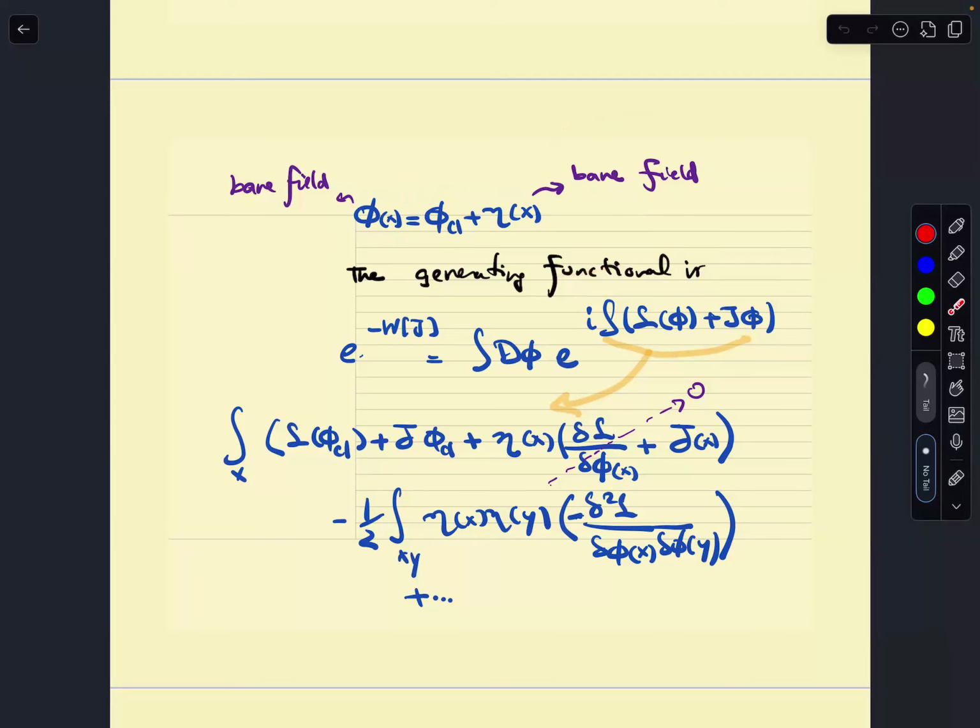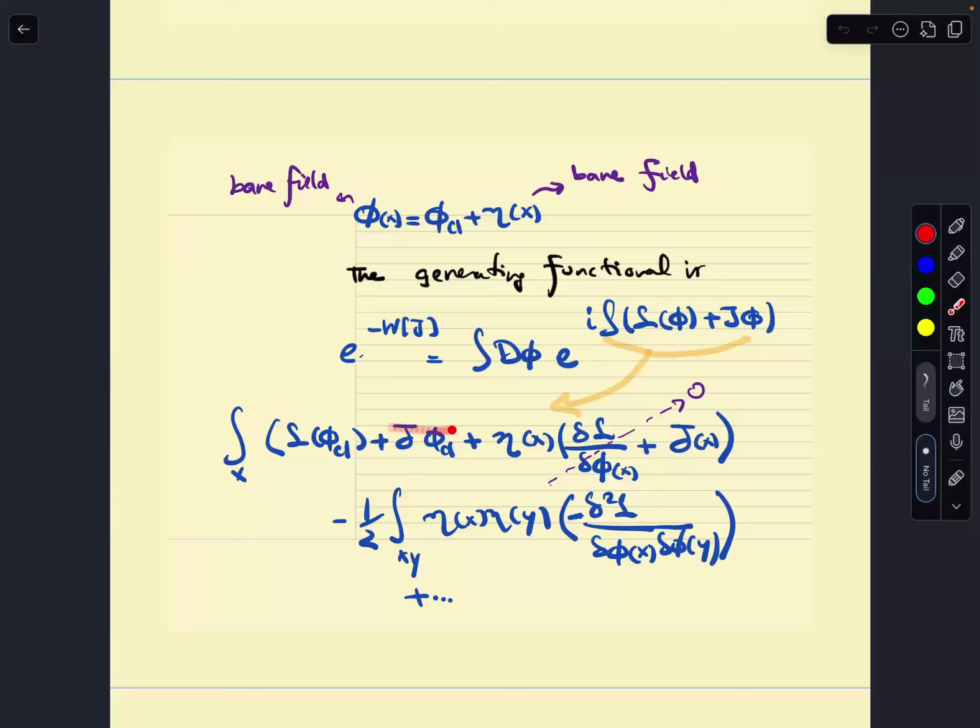The generating functional, e to the minus W of J, is the path integral over phi of the Lagrangian density plus J phi. Then what you need to do is plug in phi classical plus eta.